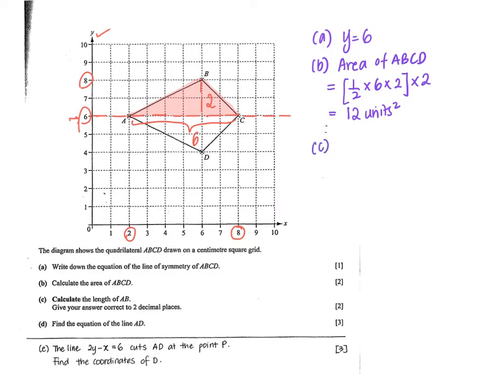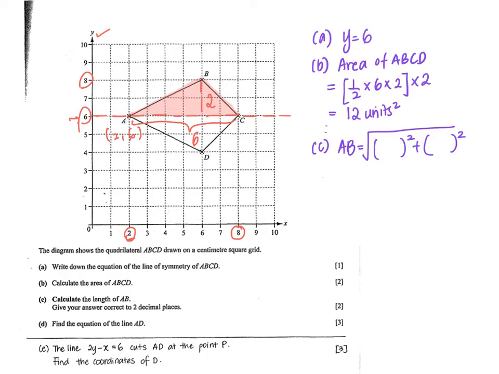Part C, they ask to calculate the length of AB. If I want to calculate the length of AB, we will need to use the Pythagoras theorem. Something square plus something square, correct? But now since they are talking about AB, we need to know the coordinates of A and B. So coordinates of A is 2, 6.